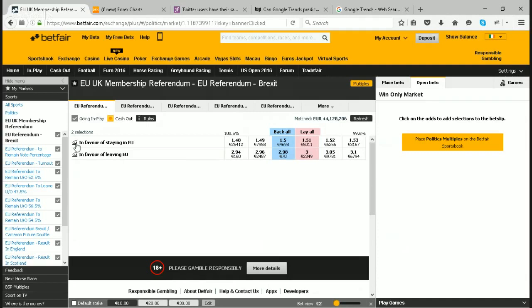Now, not so long ago, it was 1.25. So the markets were very confident it was going to be a yes. Then they weren't as sure. So, we can see it here.